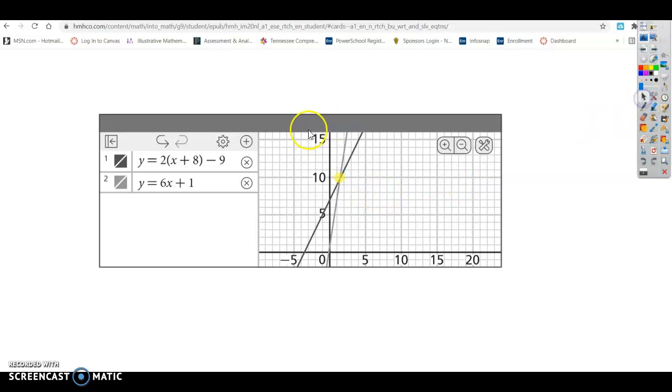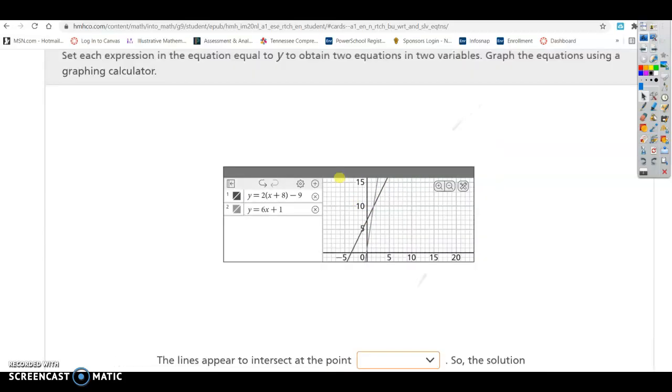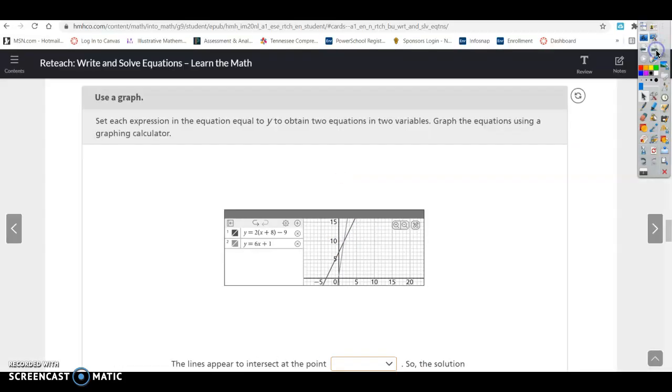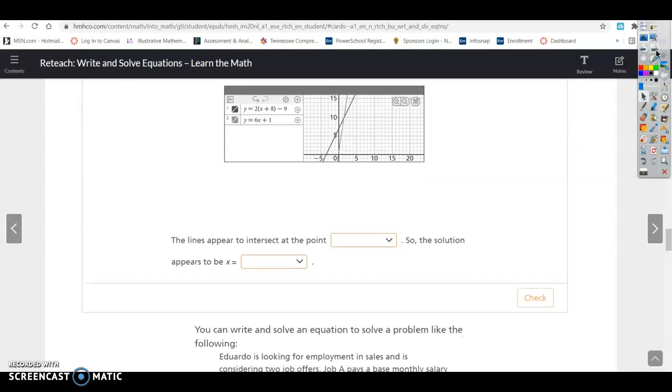So what we did was just put the first expression in y1 and the second expression in y2, and then it will graph these for you and you can see the intersection. So that's a way to see the solution as well. It says the lines appear to intersect at 1.5 and 10.